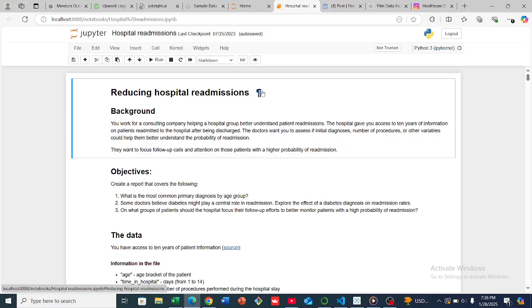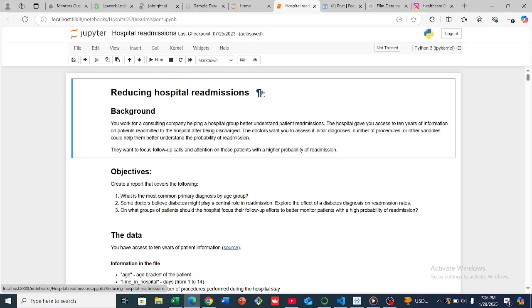For the background of this project, we are assuming that we work for a consulting company that's helping a hospital group better understand patient readmissions. The hospital gave us access to 10 years of information on patients who are readmitted to the hospital after being discharged.